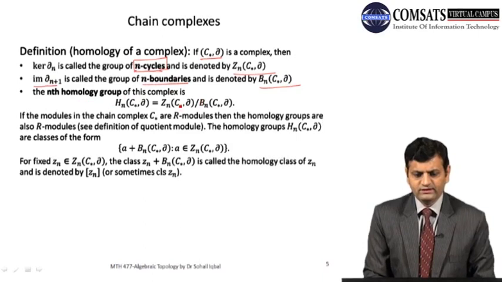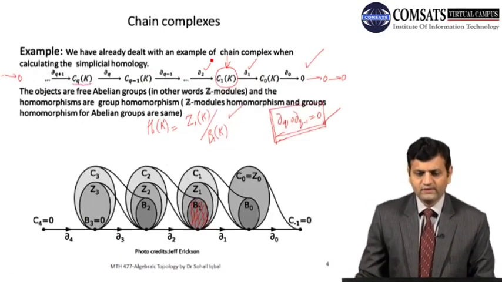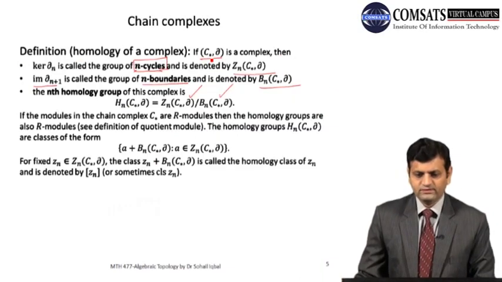As you can see, we haven't done anything different here. Just take these cycles, take the quotient with these boundaries, and we write this extra partial here just to say what kind of homomorphisms we are taking in this chain complex. As long as these homomorphisms satisfy this condition, we are fine with it, and that's why we write partial over here.